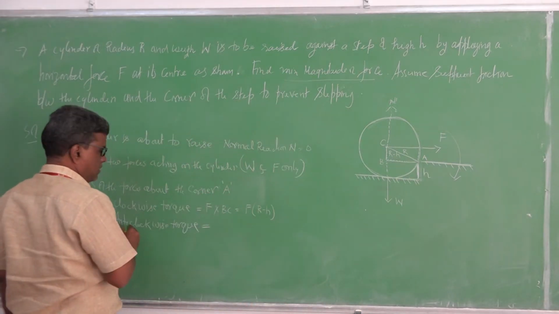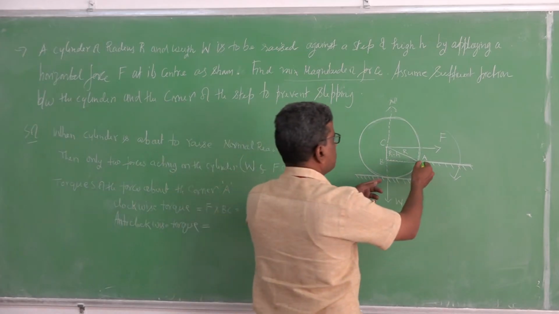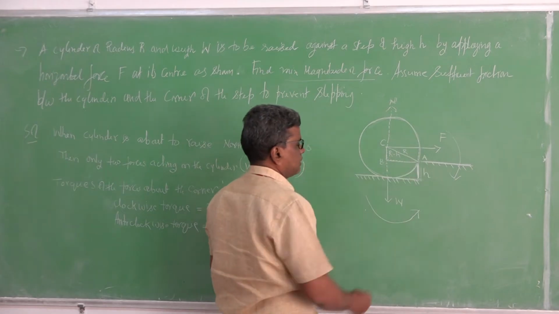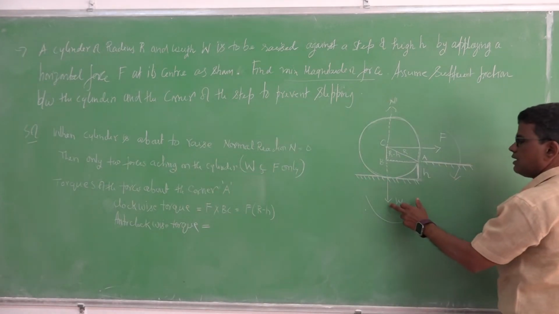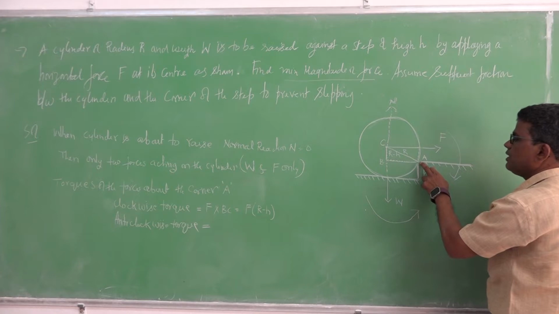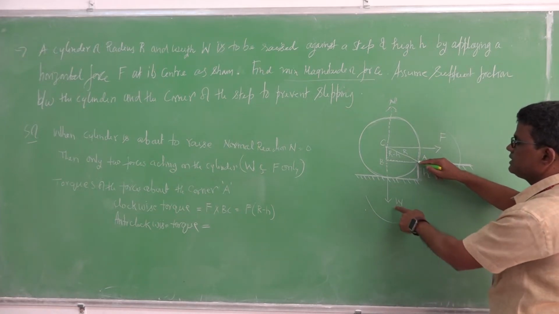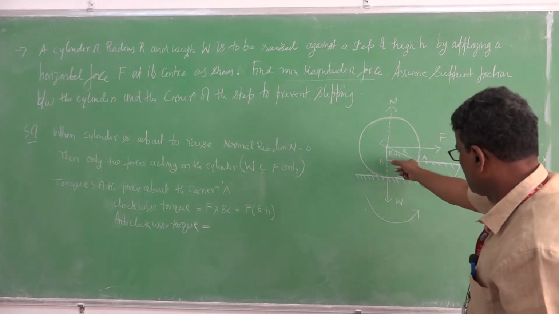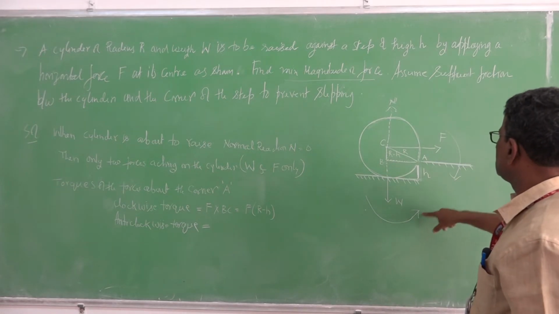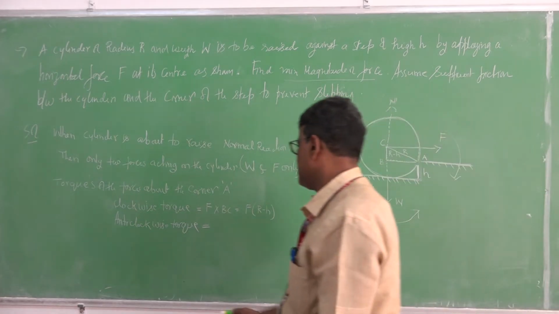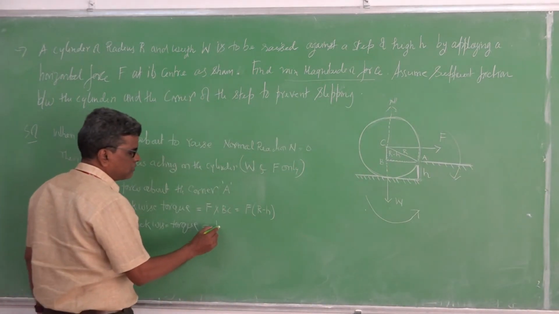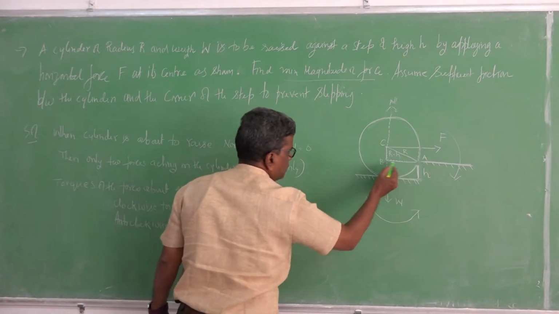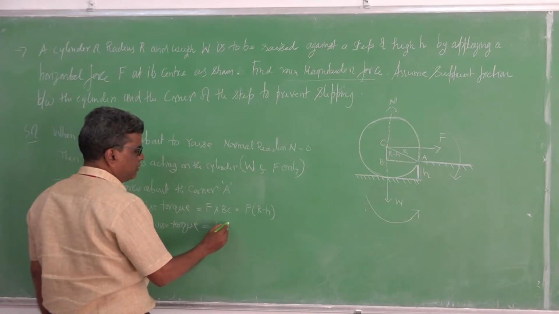When writing the torque of W about this point, you take this point as fixed, and because of this force the object will rotate like this. So this is the anticlockwise torque, force times perpendicular distance about A, which is AB. So W into AB.